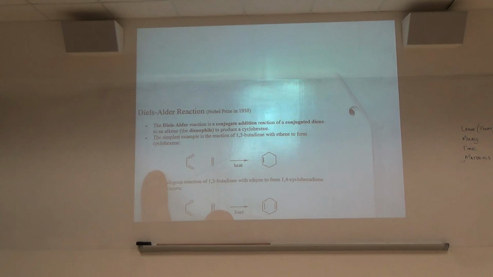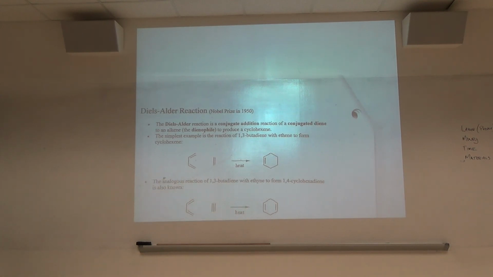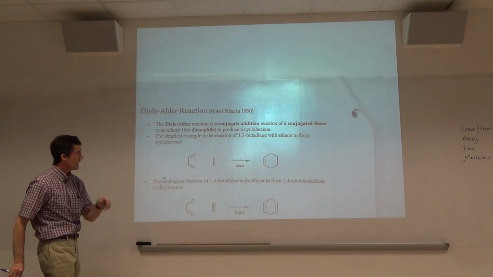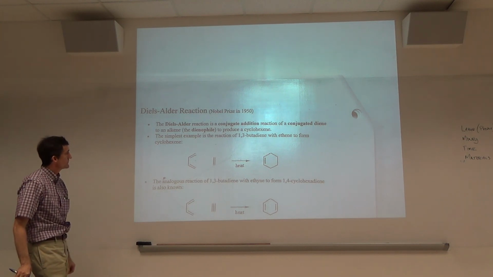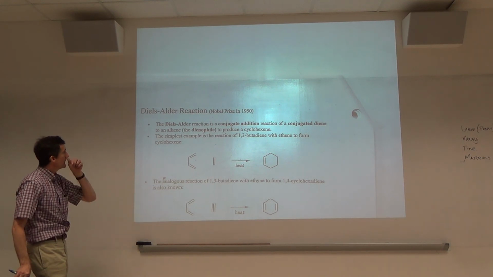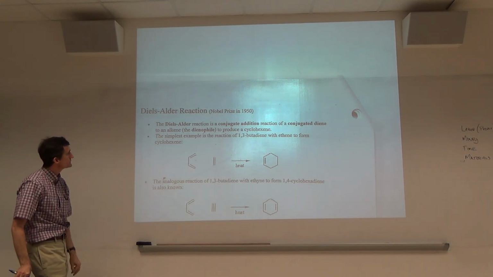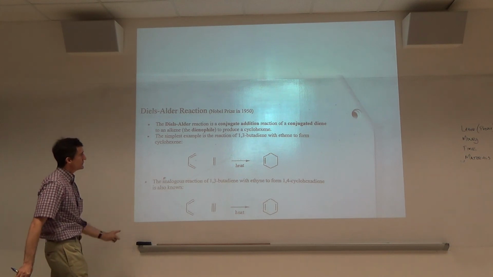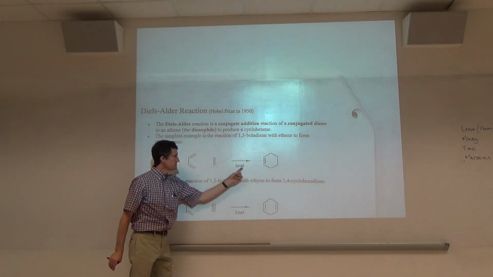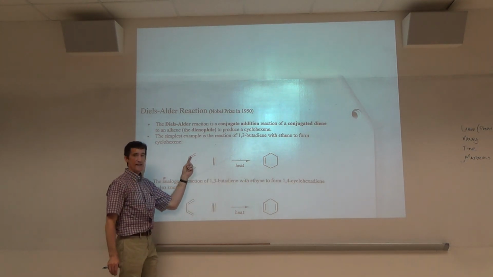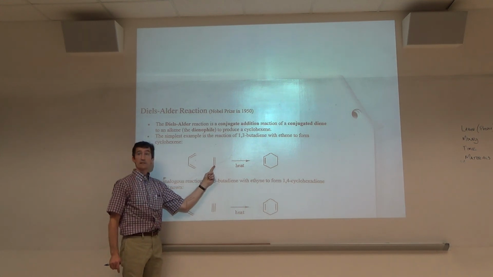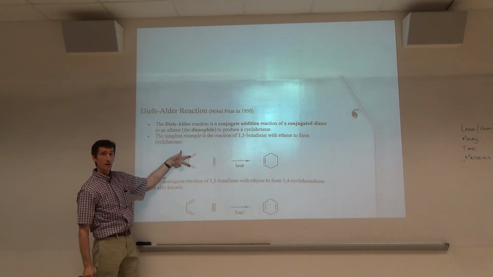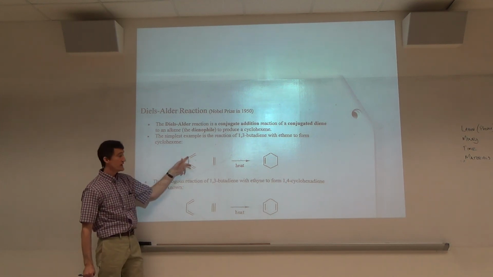The Diels-Alder is a conjugate addition reaction. Here's the simplest example of a Diels-Alder. It involves a diene, we're doing diene chemistry, a diene reacting with an alkene. So two double bonds reacting with one alkene.